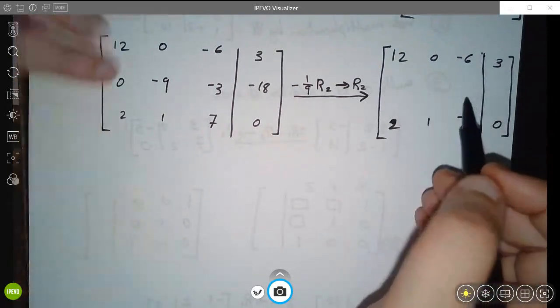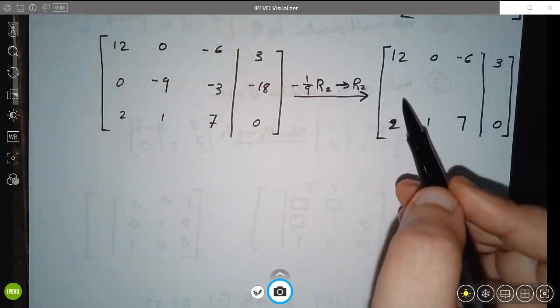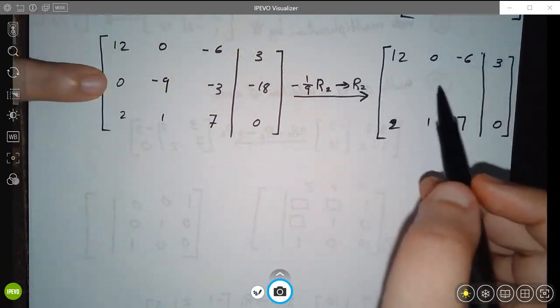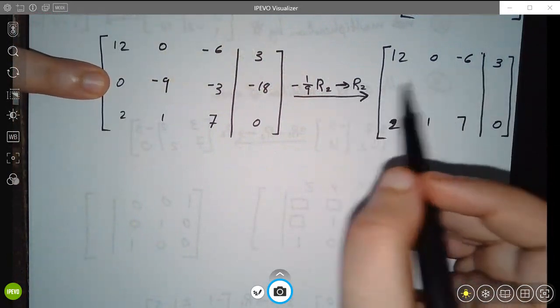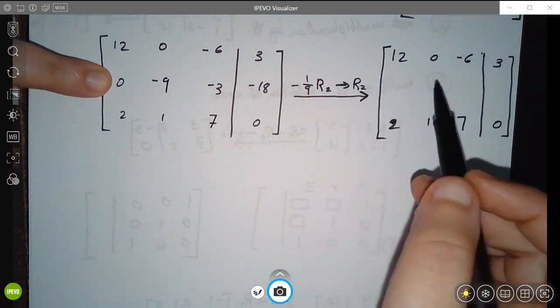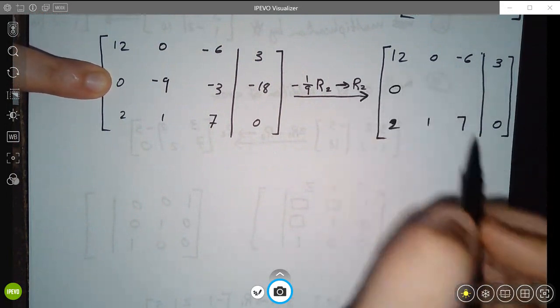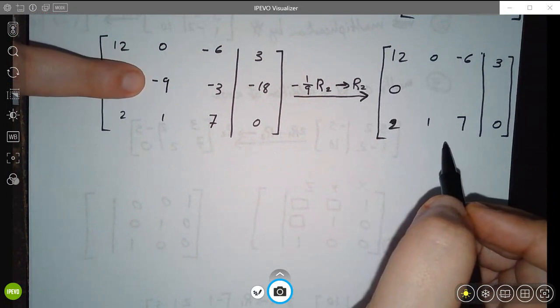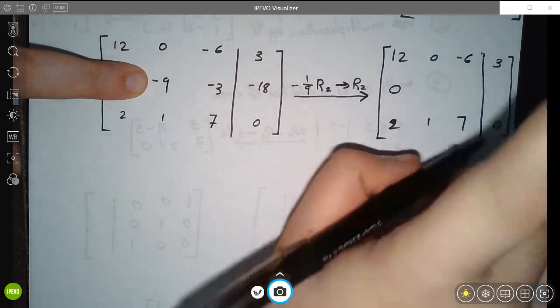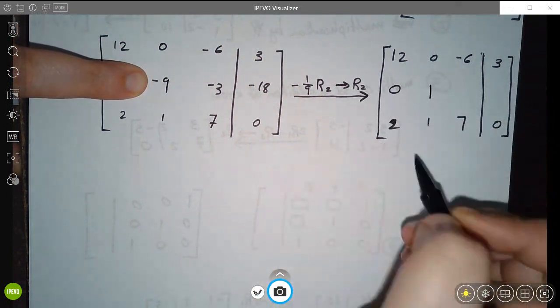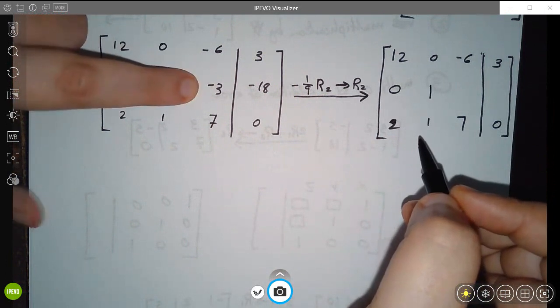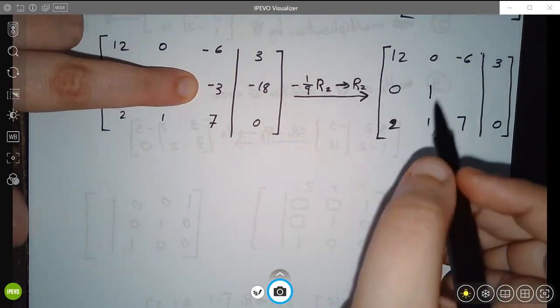Now let's do the second row. Now in this one, you don't have any other row to work with, just the 2. So let's look at that one. 0 divided by negative 9, still 0. So this one will remain 0. Now negative 9 divided by negative 9, the answer is 1. This turns into a 1. Negative 3 divided by negative 9.